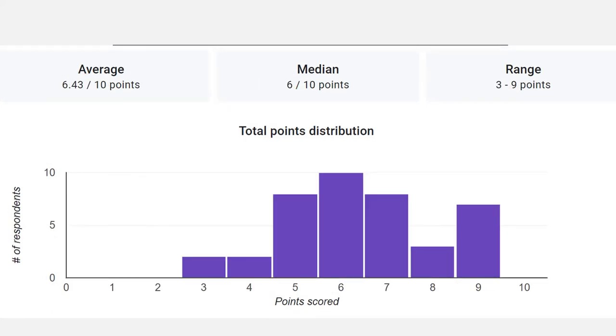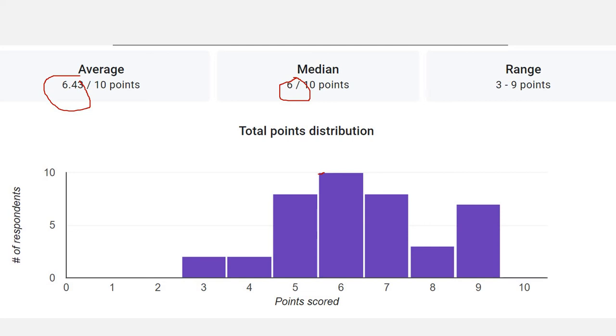So here, our mean is 6.43 and the median is 6, and our mode is also 6. The mode is the data that has the highest frequency, so it appears the most.